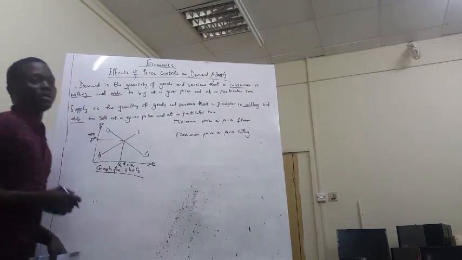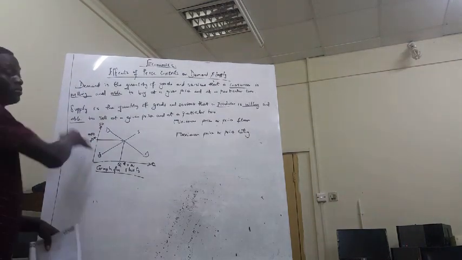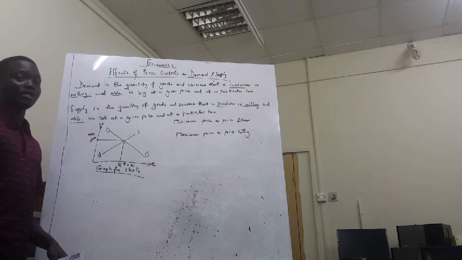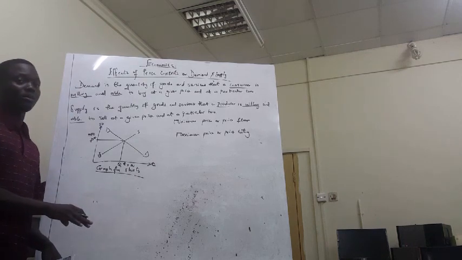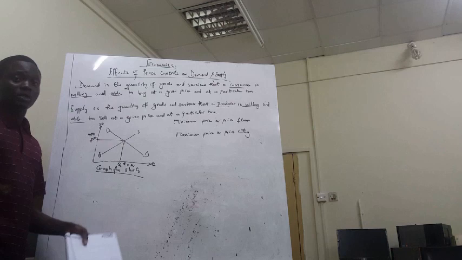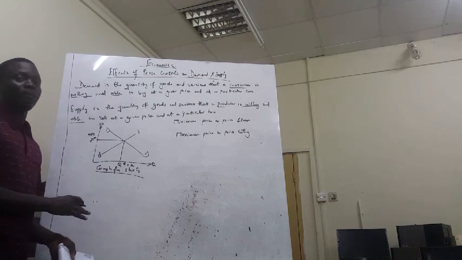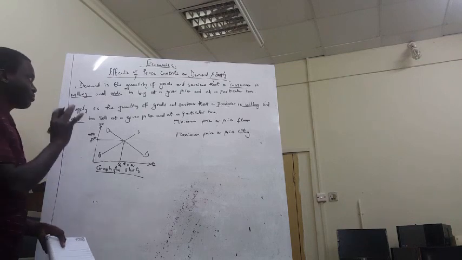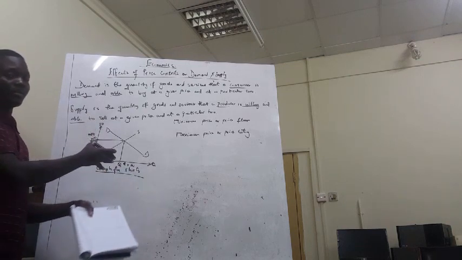So these are the two basic ways in which the government may come into the market in order to make sure that some consumers are better off than what the market would have allocated on a normal day, and perhaps some producers are better off than what the market would have allocated on a normal day. Now, let's go in depth into these things.